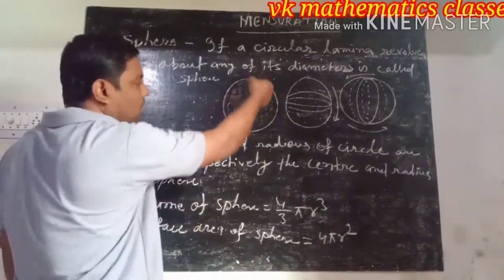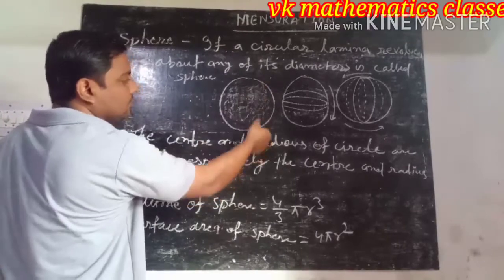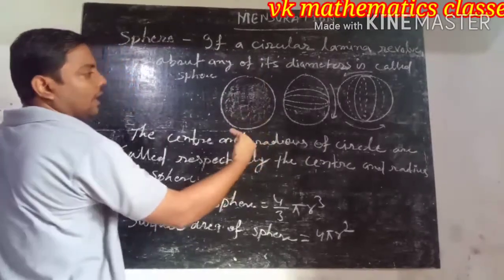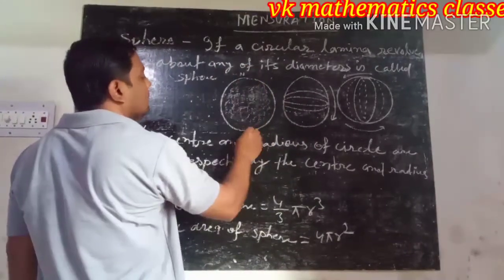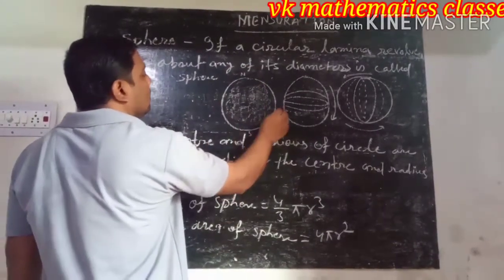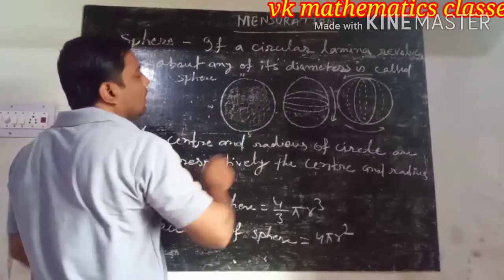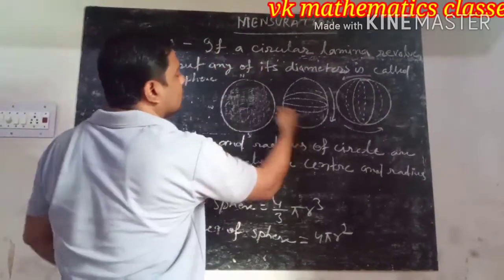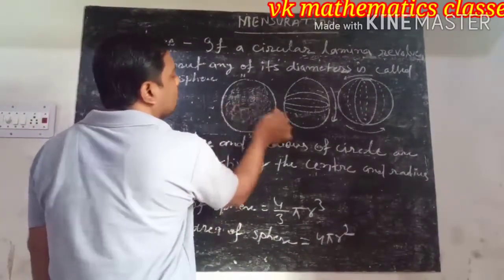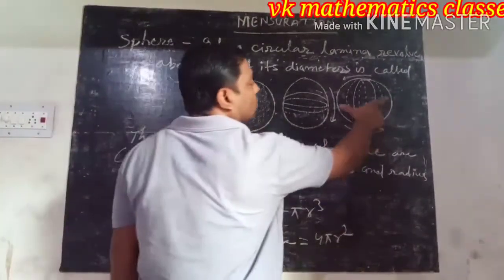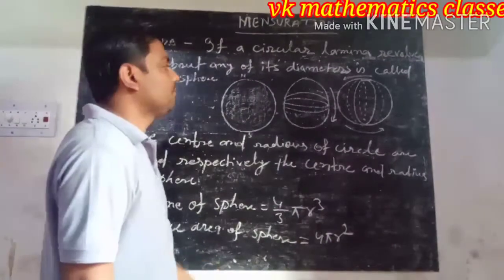If we rotate it about the upward and downward position, suppose north, south, east or west, if we rotate north to south, it forms a sphere, and if we rotate west to east, it also forms a sphere.